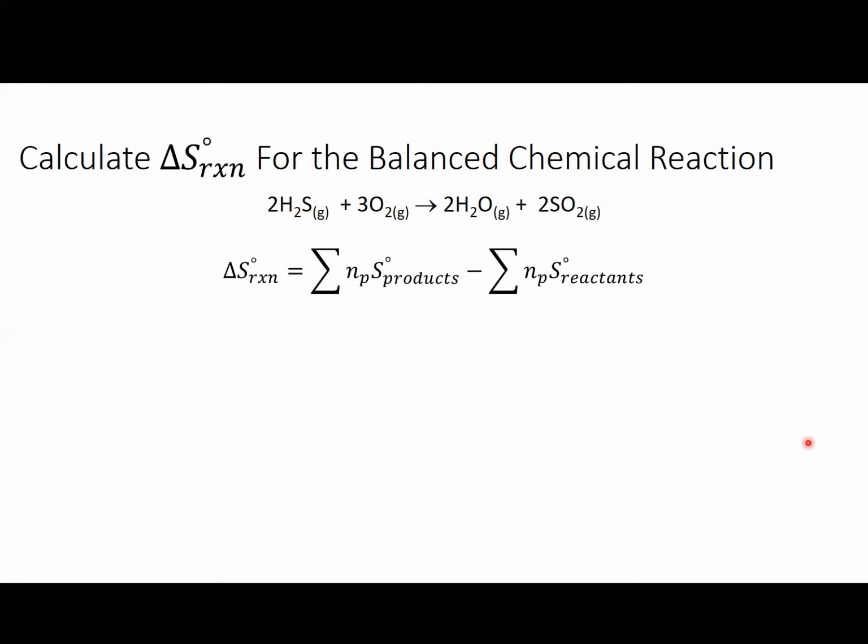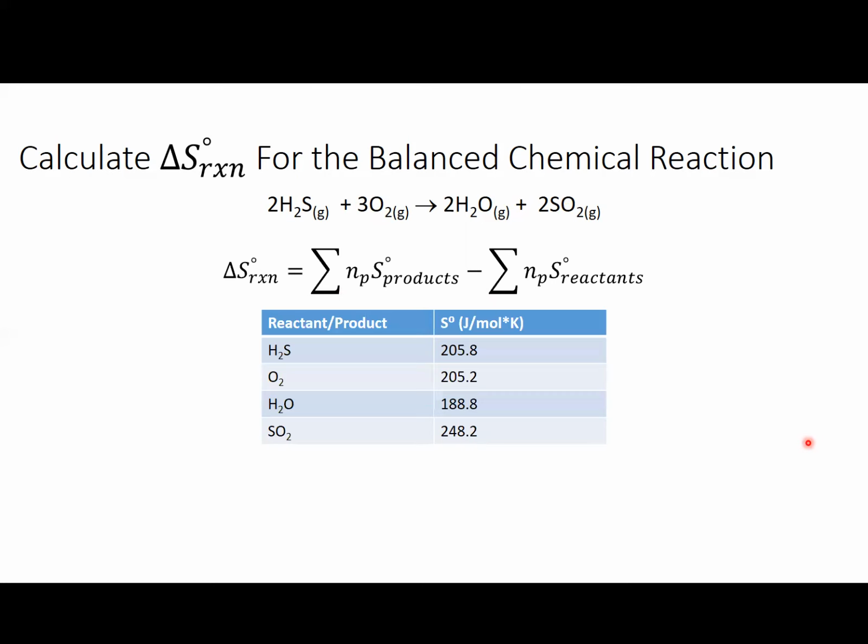Well, where do I get those delta S's? As I've mentioned lots of times, last semester and this semester, there are advantages to having the physical textbook, and this is one of them. If you have the physical textbook, back in the appendix, I believe it's appendix 2, there are large tables of thermochemical information, and that's where these numbers come from.